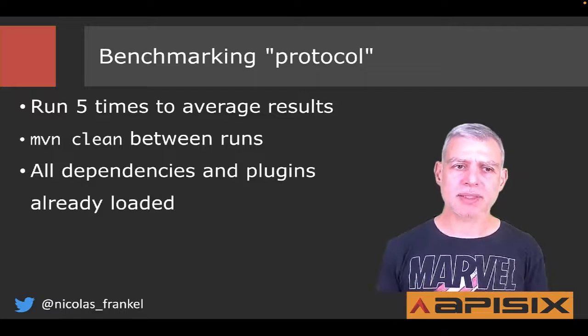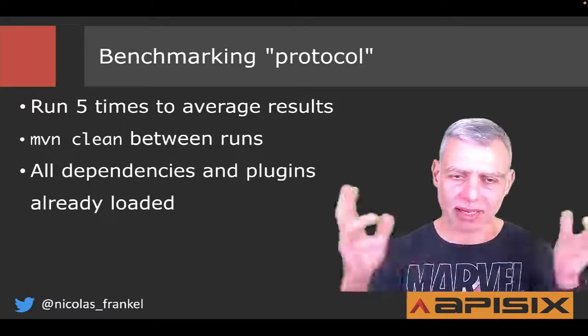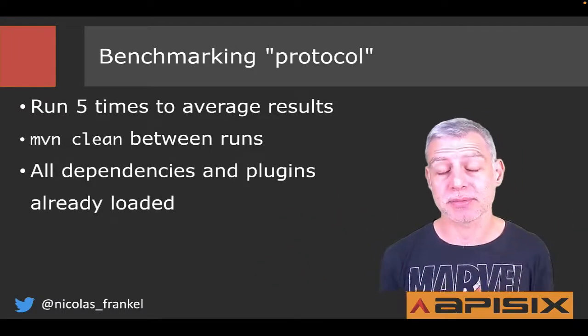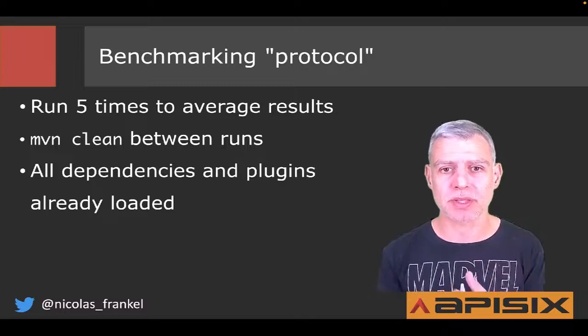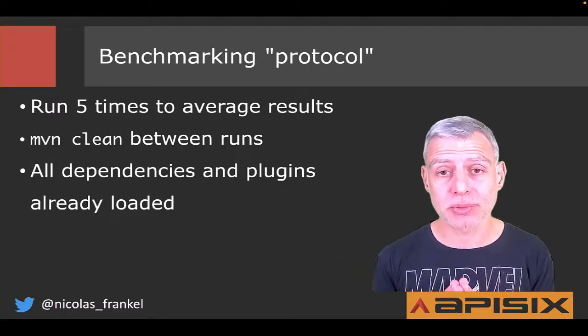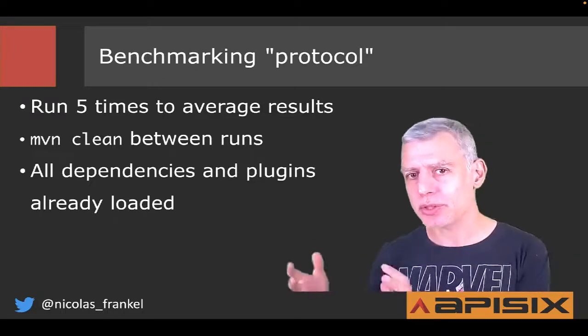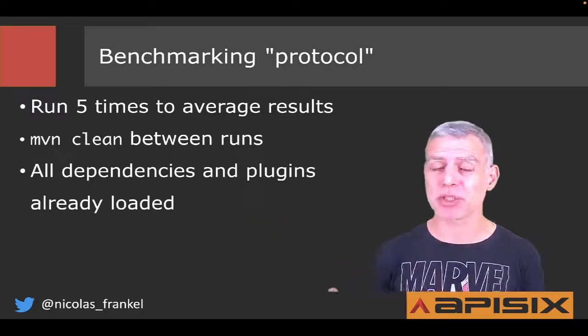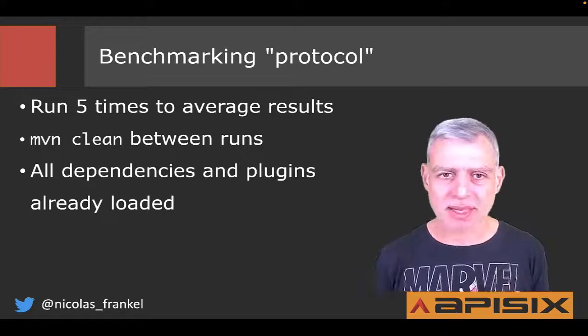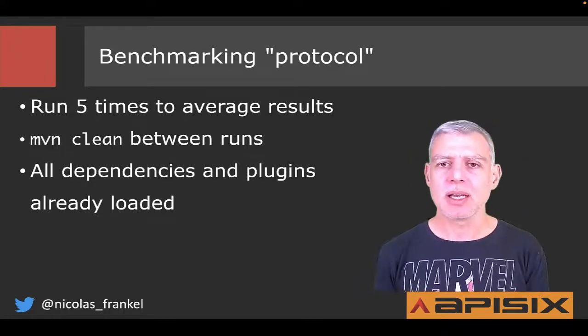The protocol itself is, I will run it 5 times. If you want to do the benchmark at home or in your organization, and I advise you to, because what works on this project might not work on your project, and if you have several different projects, each of them might need different optimization.